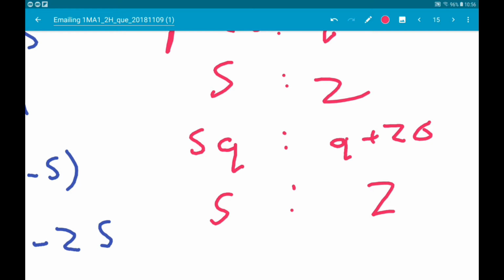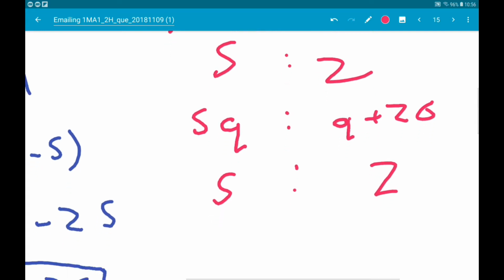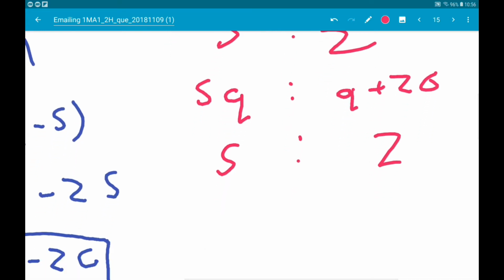So, the first number 5 and 2 both go into is 10. 5 goes into 10 twice, so we multiply 5Q by 2. So we get 10Q. And on the right, we need to multiply 2 by 5.